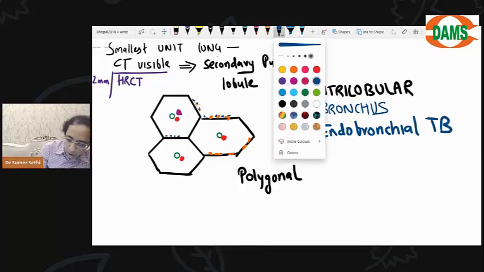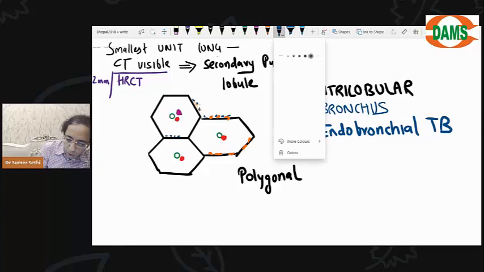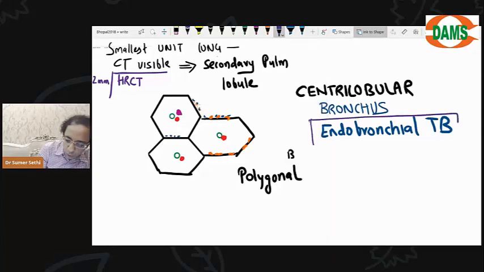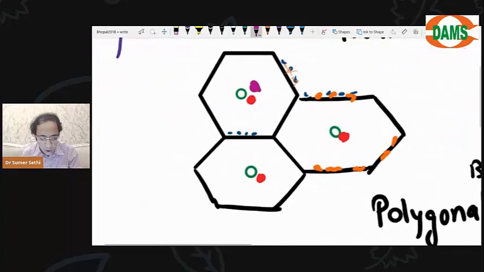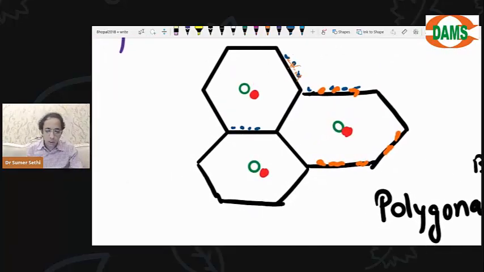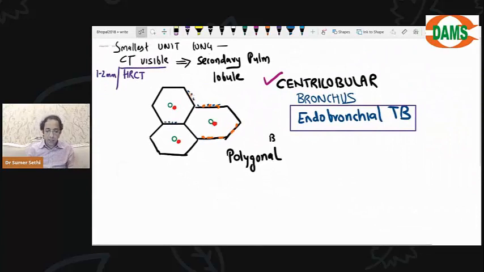Okay. अब बताओ, endobronchial tuberculosis on a CT scan will show opacities in the centrilobular region. So this is what is written in your medicine books. TB will show centrilobular nodules. यानी secondary lobule के center में दिखेगा nodule. Because the bronchus is central, that is the reason.